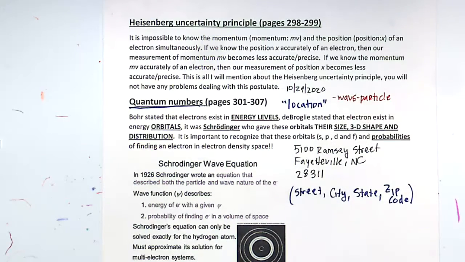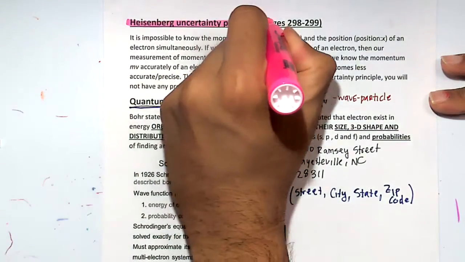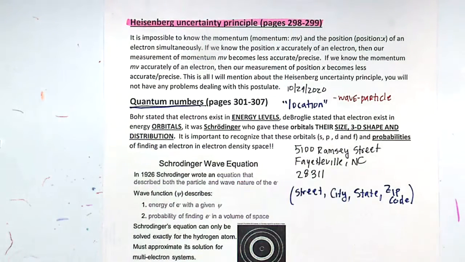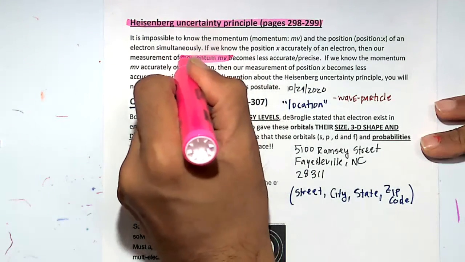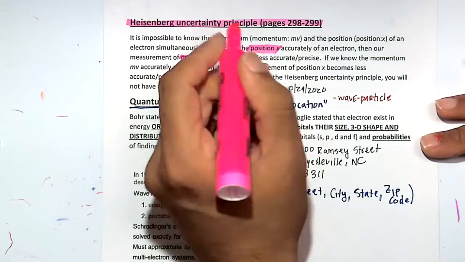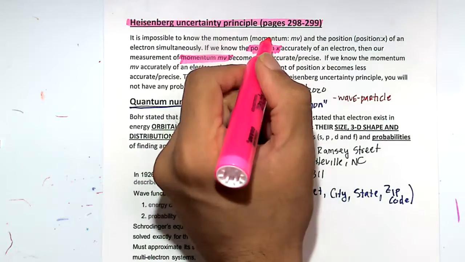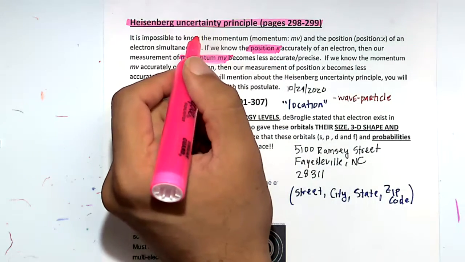The fact that we can never get a precise location is Heisenberg's uncertainty principle. This tells us we'll never know the true location of an electron. If we want to figure out the momentum of the electron, we will not know its position. If we know where an electron is, we will not know where it's going, even though electrons are always moving around.